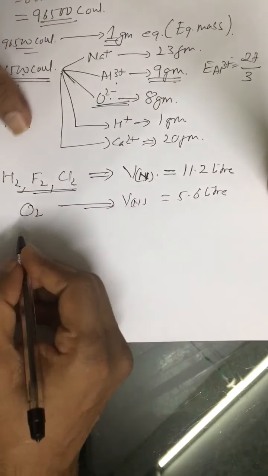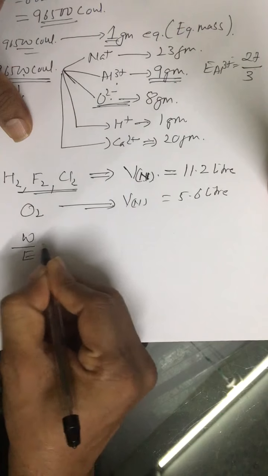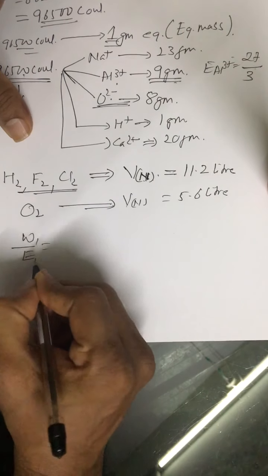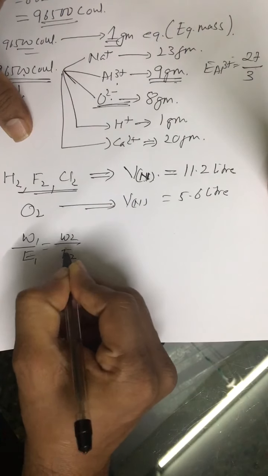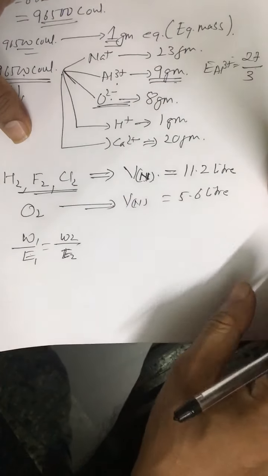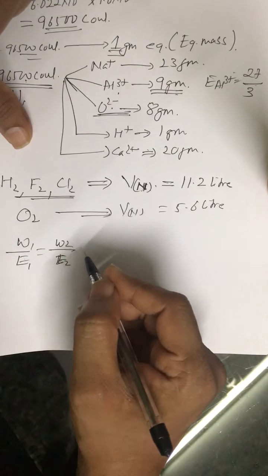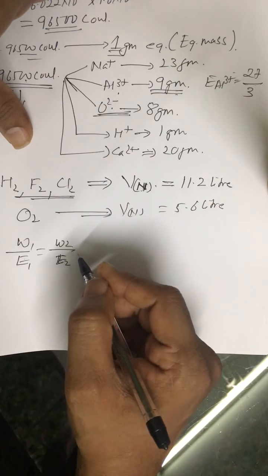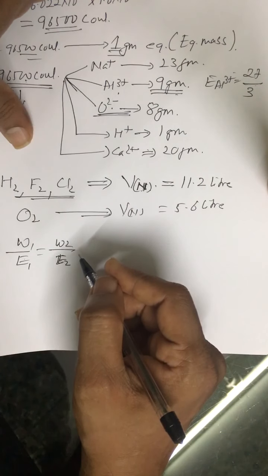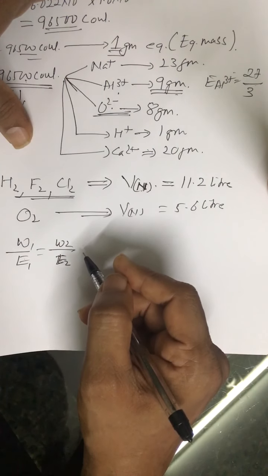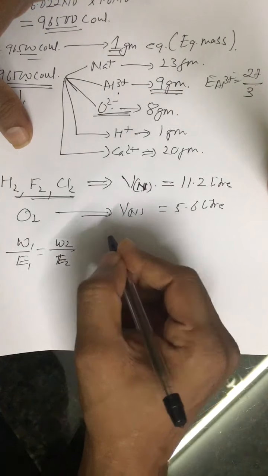Because in the second law we have one relation, W upon E is equal to W upon E, or W1 upon E1 equal to W2 upon E2. You can use this relation when the same amount of charge is passed through different electrolytes, and one substance's mass is given, and they ask about the mass of the second substance.